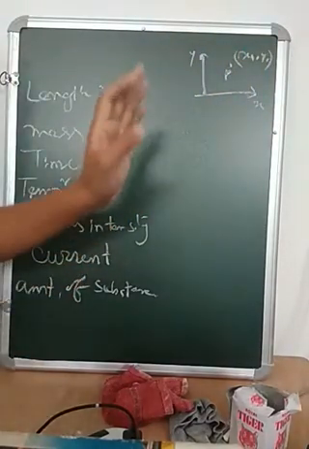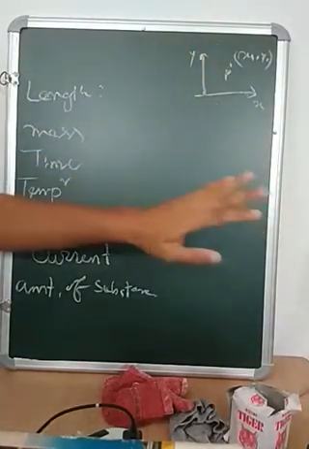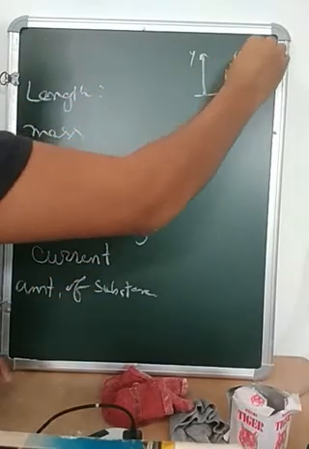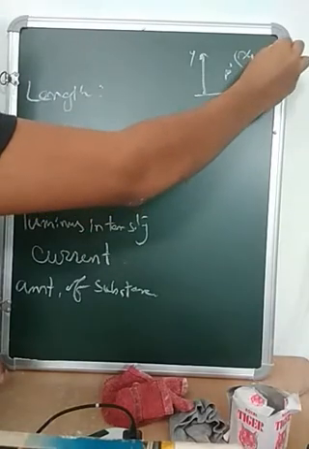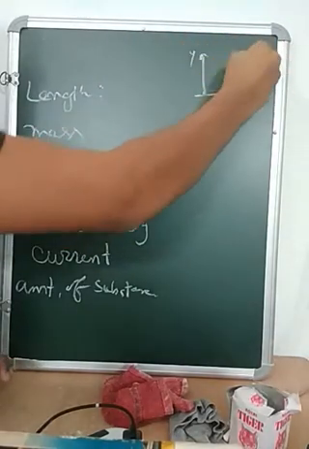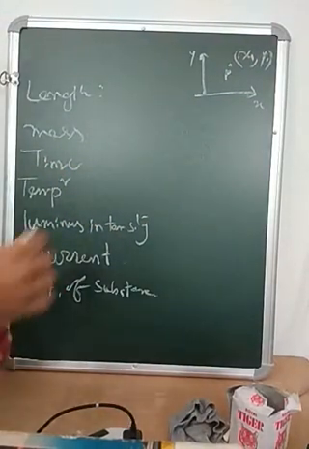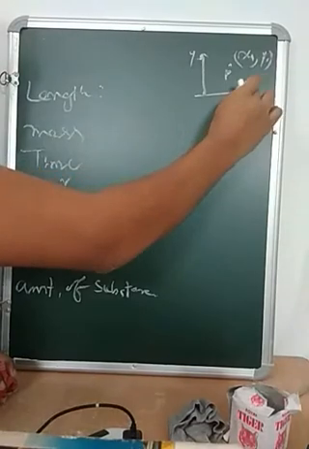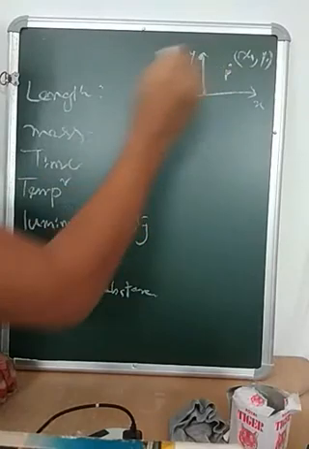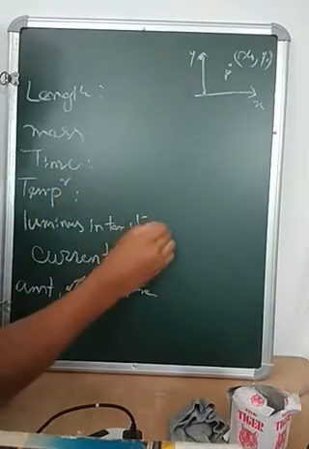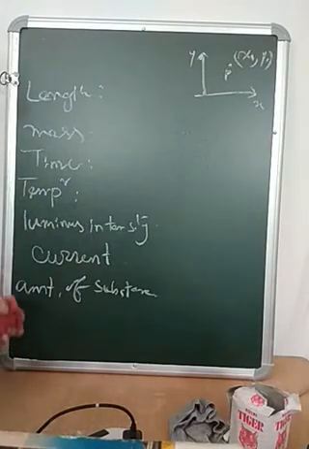By knowing the coordinates, we can easily determine the location or position of this point. So these are 2 dimensions. What does 2 dimension mean? There are 2 coordinates.